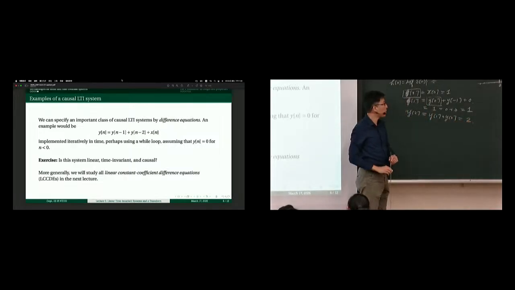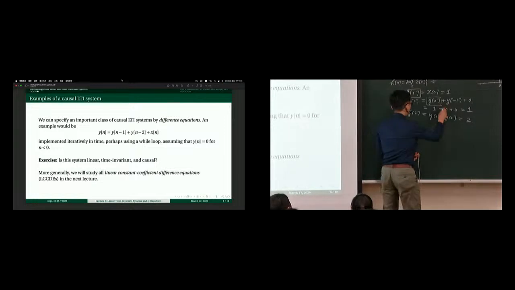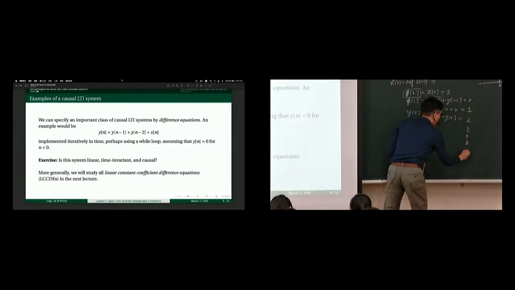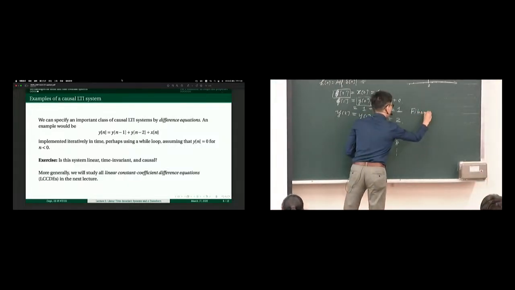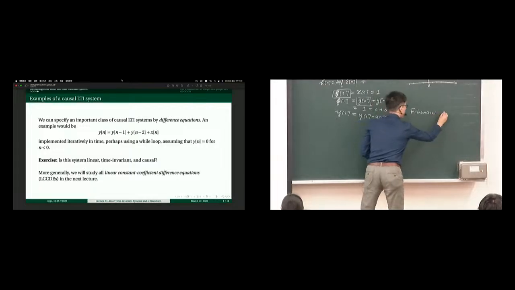And very soon you realize the next sample is going to be the sum of the past 2 samples. So it's the Fibonacci sequence we're going to get right here: 1, 1, 2, 3, 5, 8, and so on. It's a Fibonacci sequence.